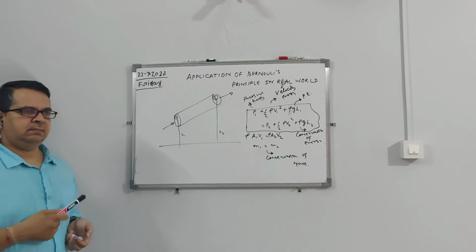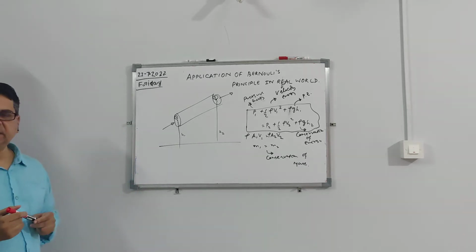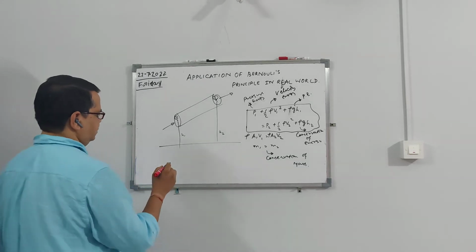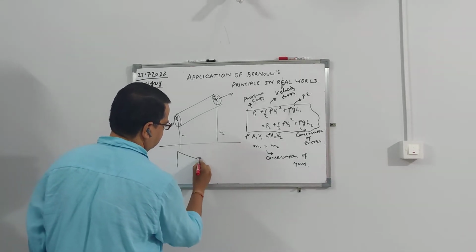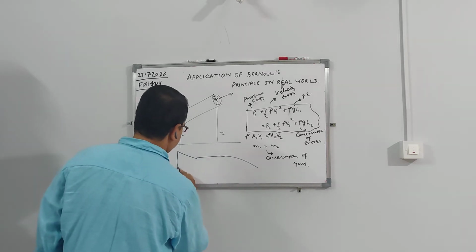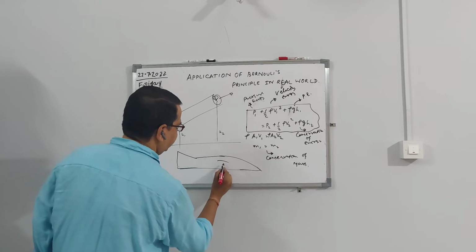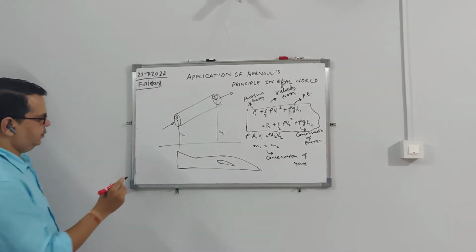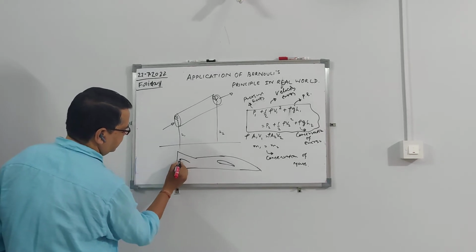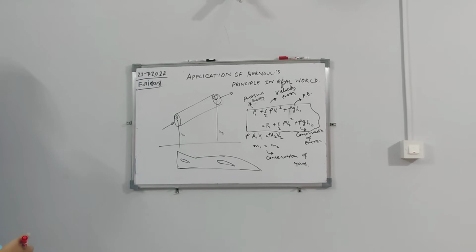In the case of an aircraft, let us say this is my aircraft. I have a wing here, let us say the wing looks like this, and I will have a tail plane here. I am just taking a section here.